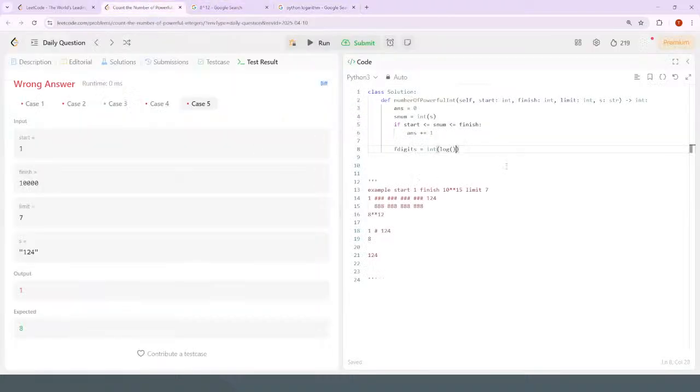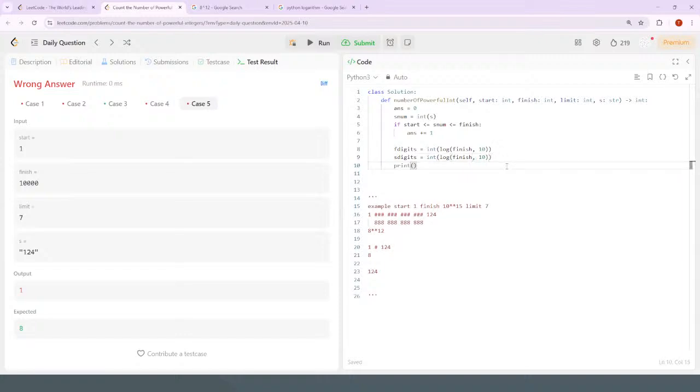So let's say f digits is finish base 10, enter that, and s digits for start digits is the integer log of start. And just print out currently what these things give me, just to double check.